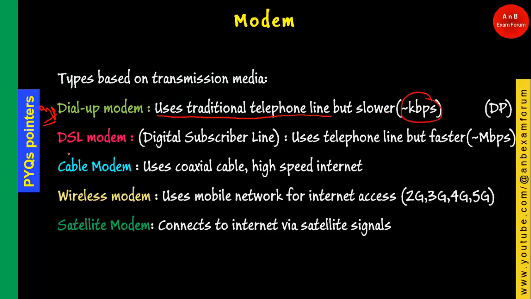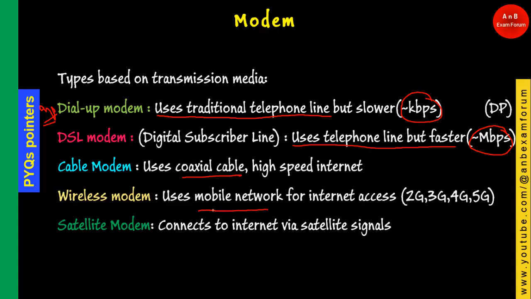Okay, and nowadays DSL modem has come into the picture, that is digital subscriber line, which again uses a telephone line, but it is faster, and the speed is around 1 Mbps or more. The other is the cable modem, which uses coaxial cable. Wireless modem, as you know, uses the mobile network.